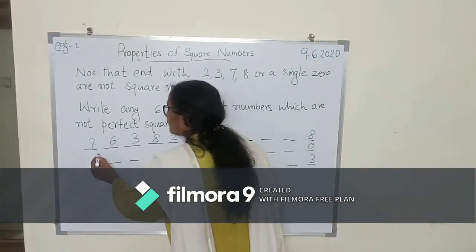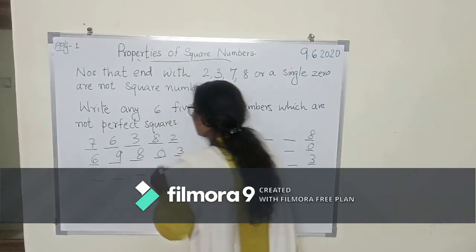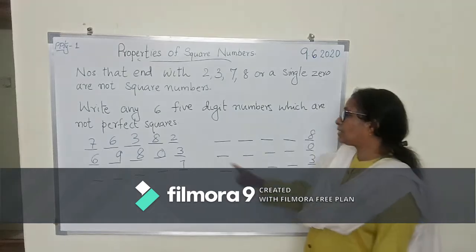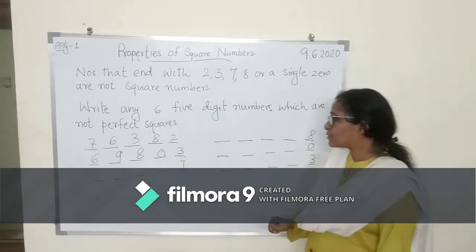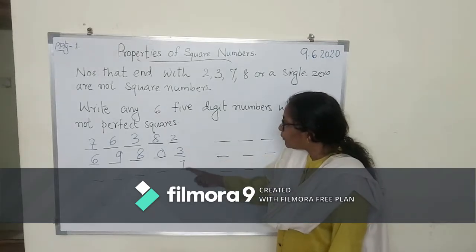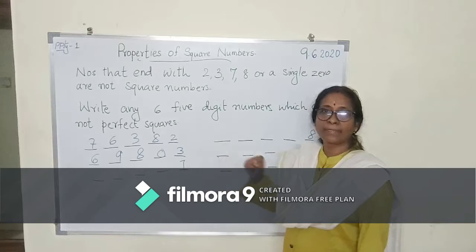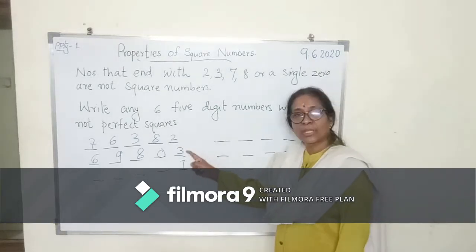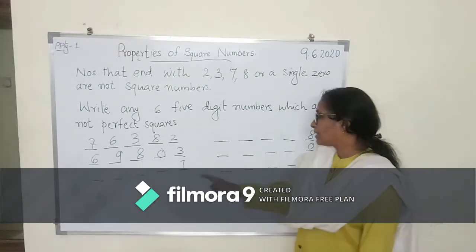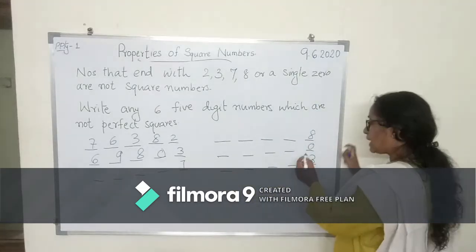Similarly here, if I write 6, 9, 8, 0, 3, I am sure that this is not a perfect square. How am I sure? Because I have to check only the unit place. Unit place is 2, it is not a perfect square. Unit place is 3, it is not a perfect square. Unit place is 7, then it is not a perfect square. You see here a single zero.